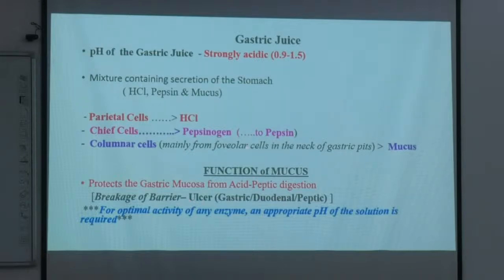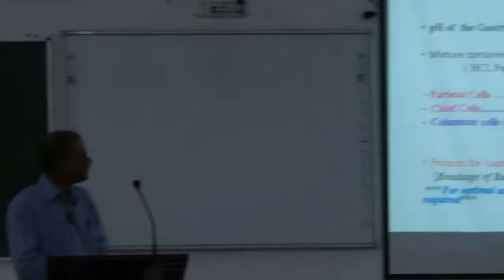And if there is a breakage in that barrier, it will cause an ulcer. And that happens during acid peptic digestion. It's a very common problem, and in most persons, if you do an endoscopy, I will show you the picture, you will see an ulcer.